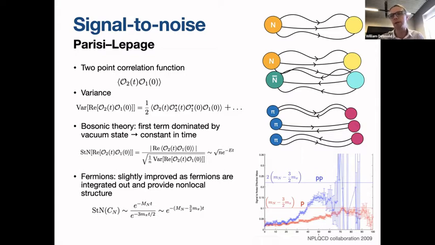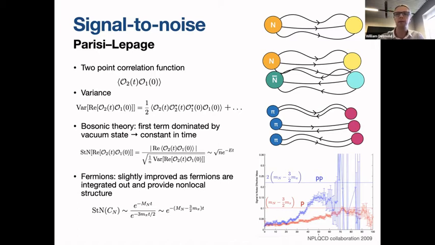So the number of propagators doesn't go away, but the propagators can rearrange. And of course, they can rearrange themselves to make a 3-pion operator, or a contribution that has the mass of roughly 3 pions. And so that's much lighter than twice the nucleon mass.